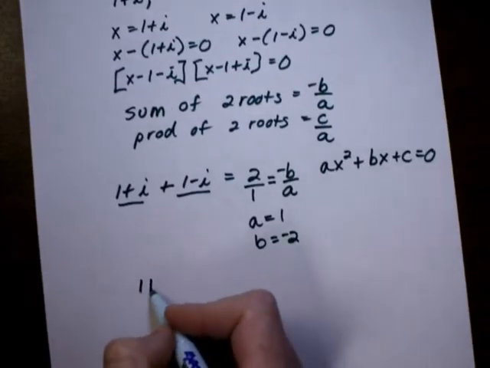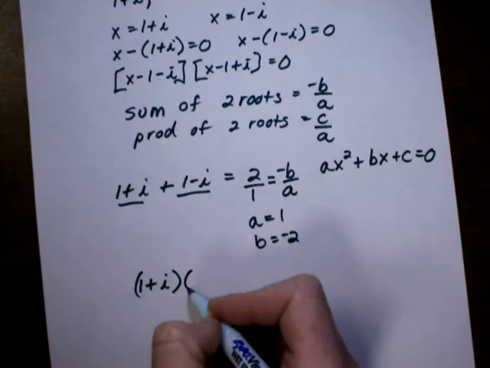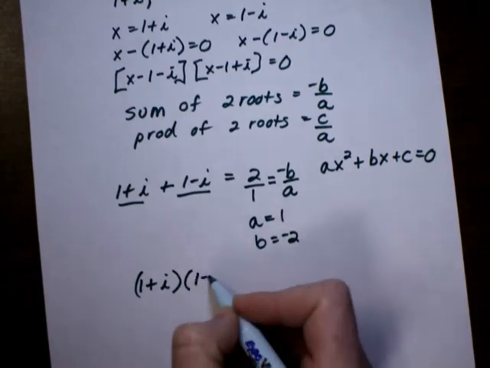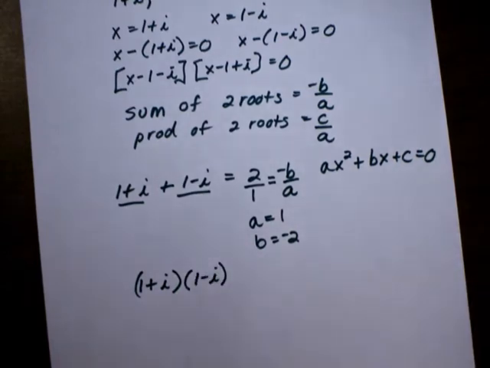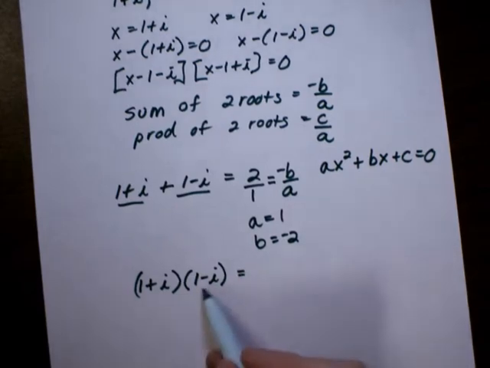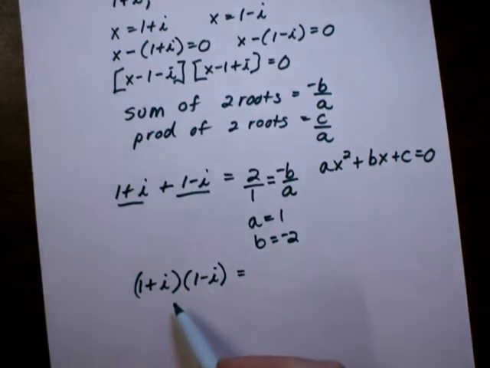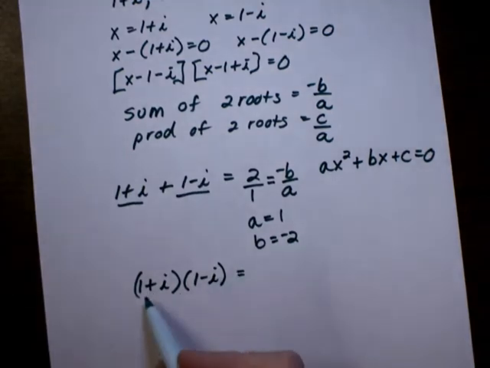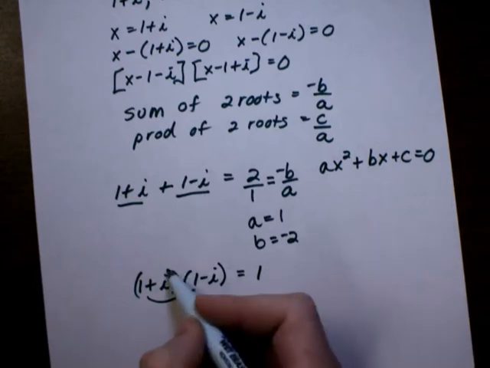Now the product rule says if we multiply these together, we will get the ratio c over a. So let's FOIL these. It's a conjugate, so I can cheat the FOIL process. I know the outside and inside terms are going to cancel out, so I really don't even need to multiply them together. I can just do the first 2 terms and my last 2 terms.